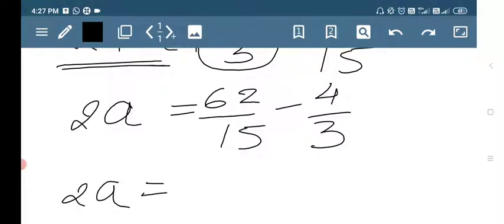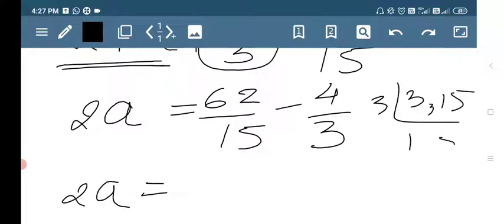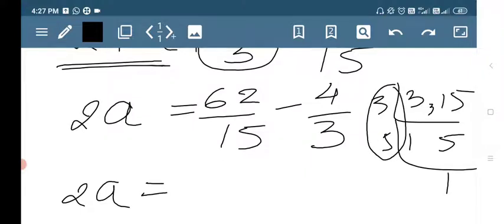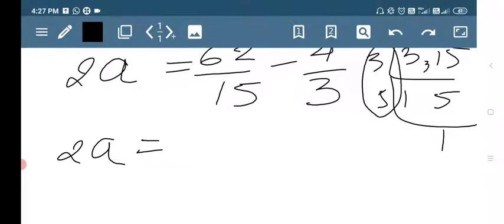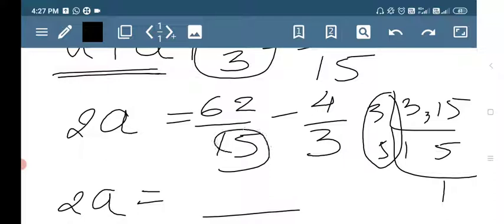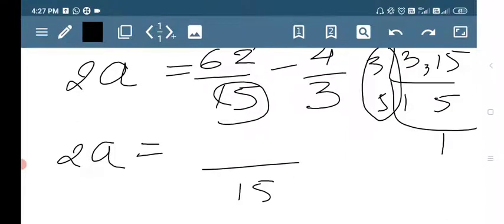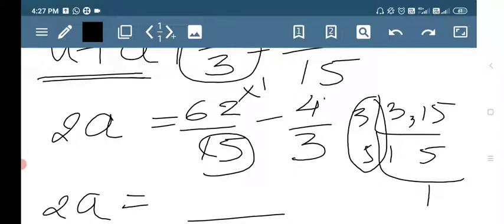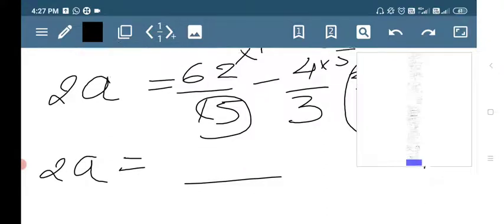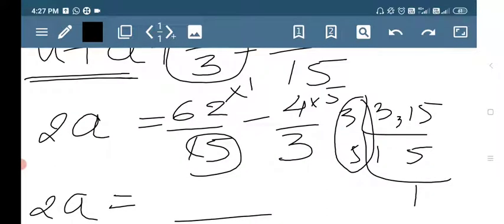2A is equal to, can we subtract this directly? No, we have to take the LCM. What is the LCM of 3 comma 15? Multiplying 3 into 5, you get 15. So LCM is 15. 15 ones are 15 and 3 fives are 15, from the denominators we have to check.